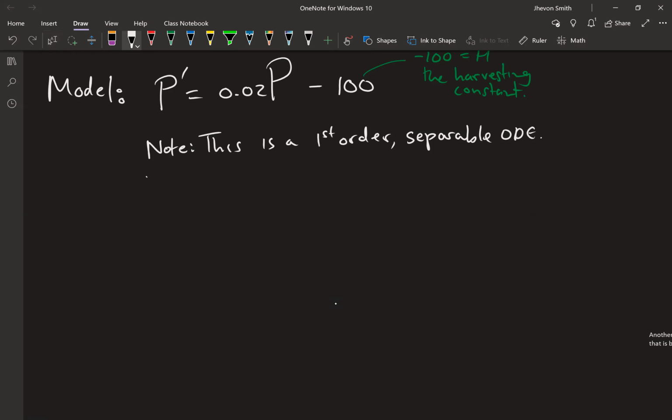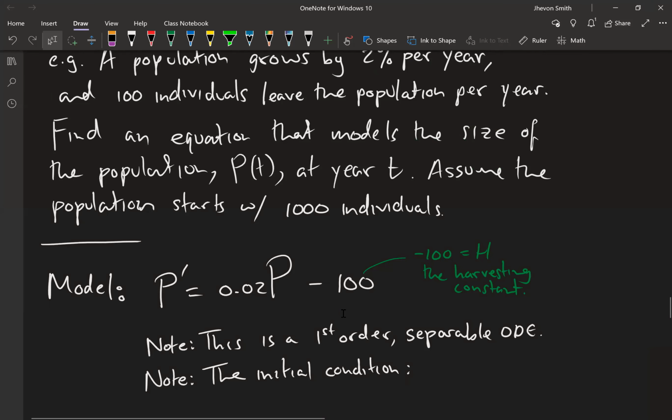Also note, we do know the initial condition. What's the initial condition here? Right.